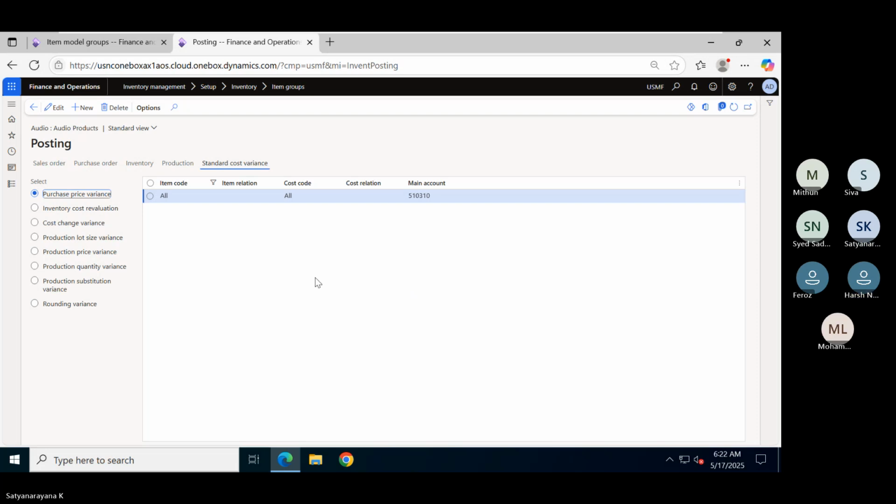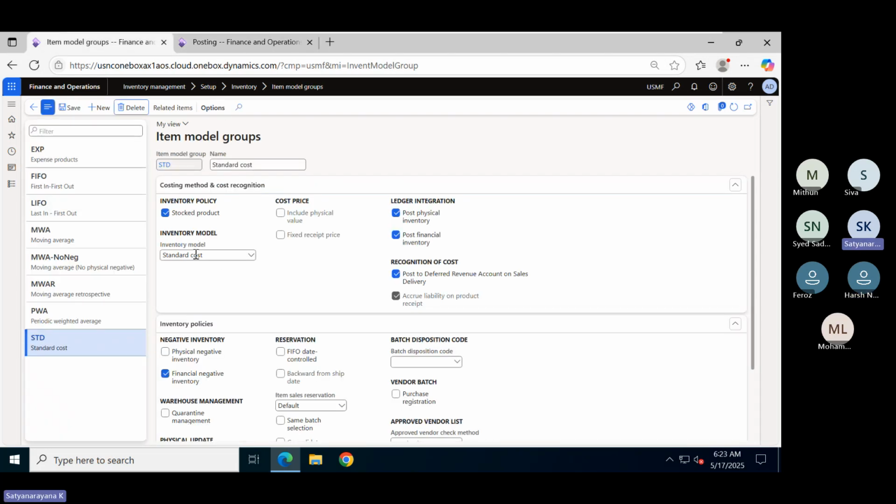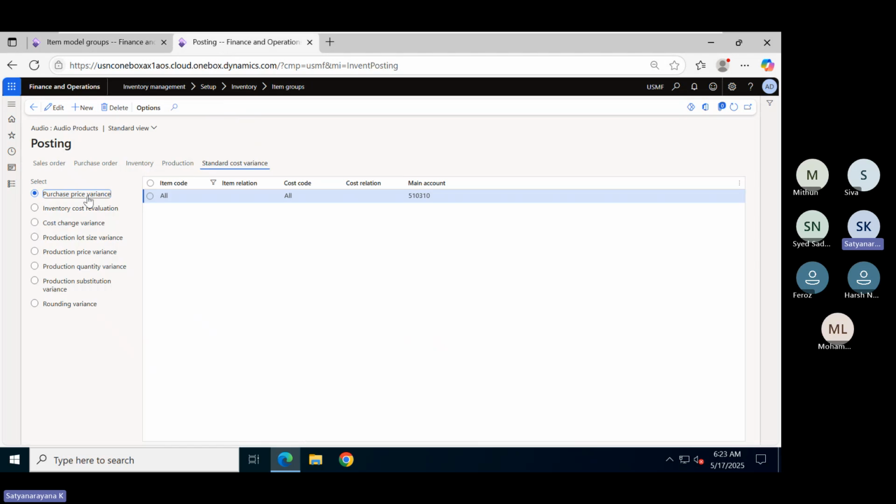Okay. So if you are using standard cost method, then the behavior is completely different. For this standard cost method, we need to understand these variances.